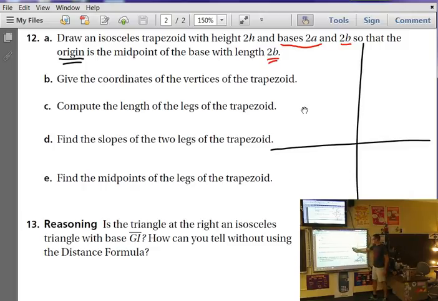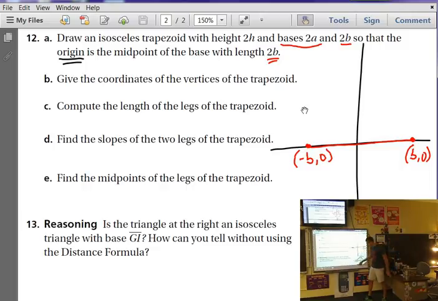So for this base to have length 2b, what would be the coordinates of these points? Emma? B and negative b. So this would be (b, 0), and actually I should shift that down since we're going to be going up. And this would be (negative b, 0), which makes the length 2b.